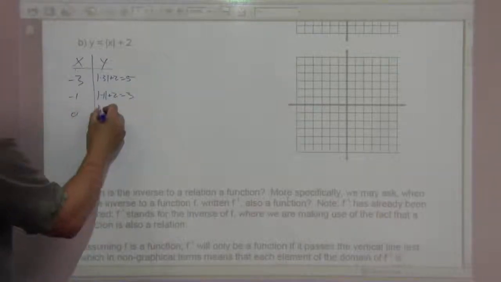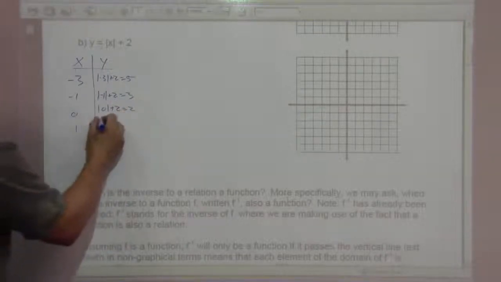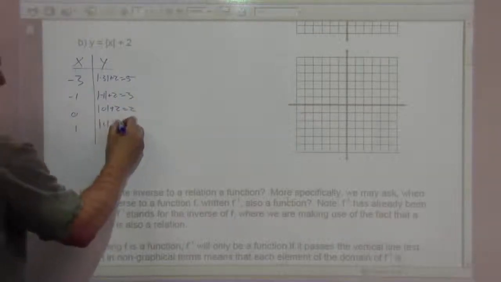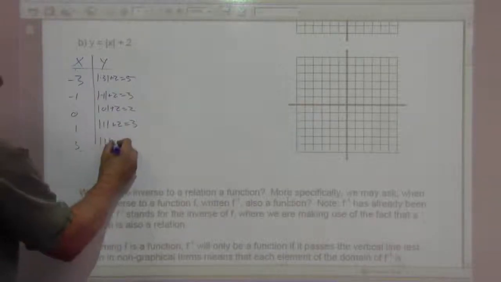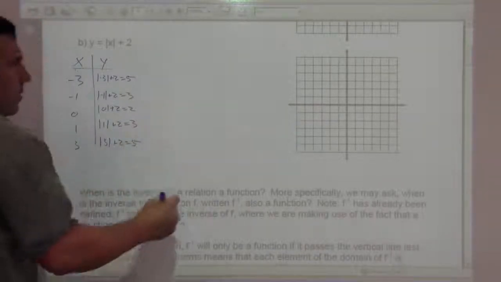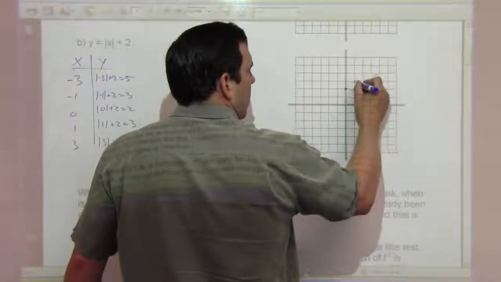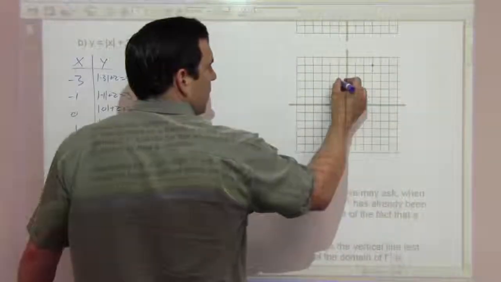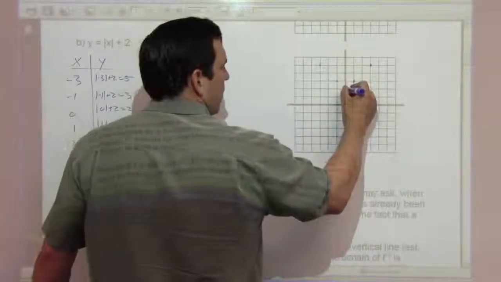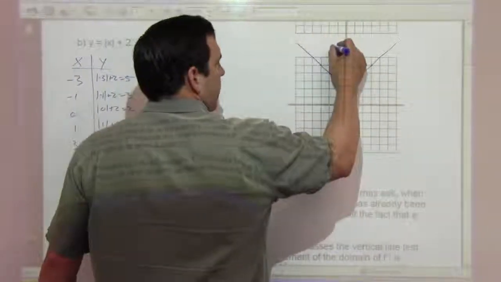For 0, absolute value of 0 plus 2 is 2. For 1, absolute value of 1 plus 2 is 3. And for 3, the absolute value of 3 plus 2 is 5. So for the original function, it's going to be here. 1 was 3. 3 was 5. So this is the graph of y.